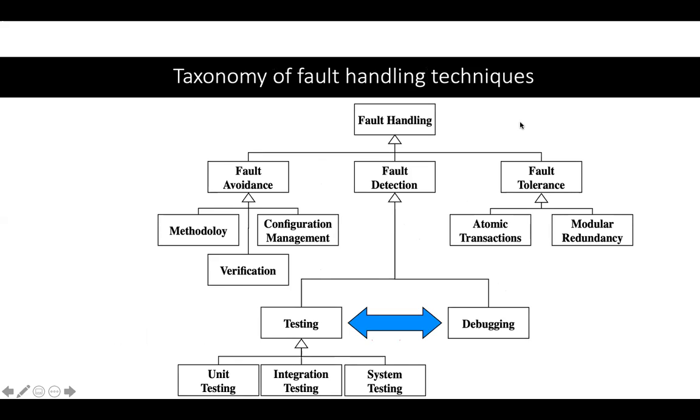So we have what we call the fault handling techniques. How do you handle a fault in a system? First of all, the best technique that we have to employ while coming up with systems is to put all we can in place to avoid the fault from happening on a system.